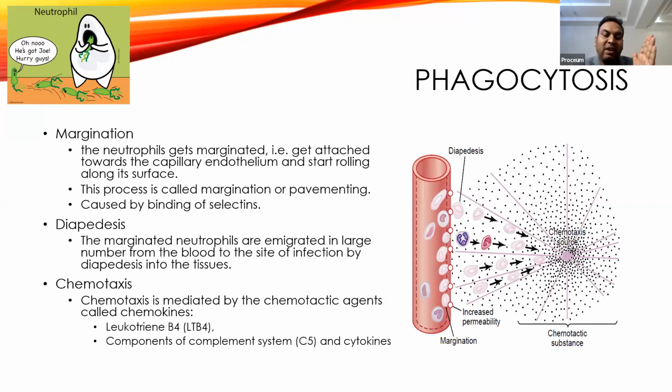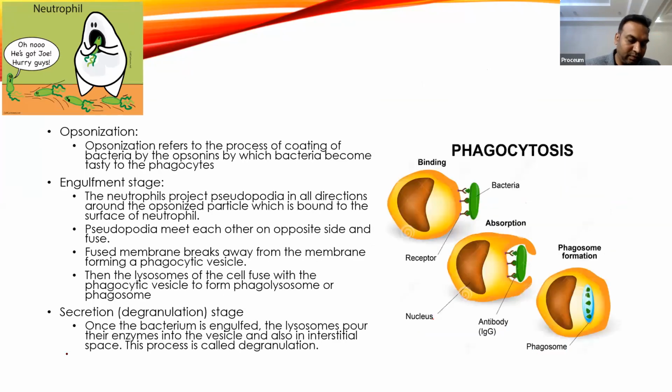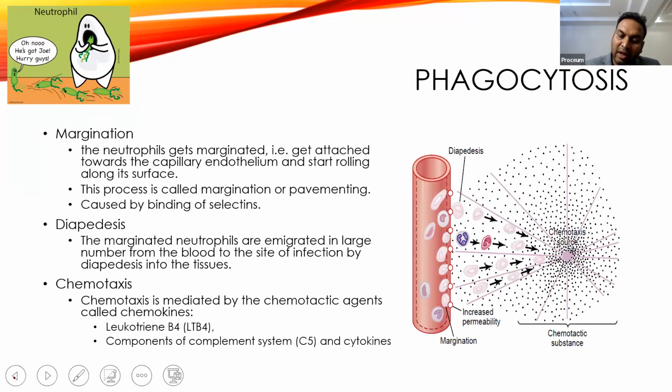Once activated, the neutrophils will stick themselves to the margin of the capillary endothelium. This mechanism of attaching to the capillary endothelium is called margination, and it is done by the protein called selectin.